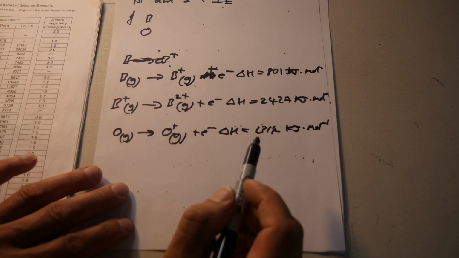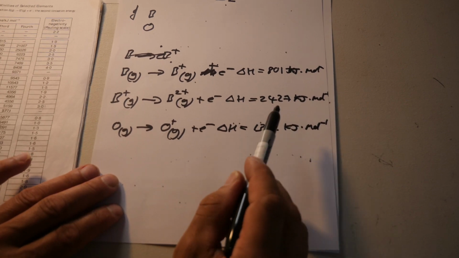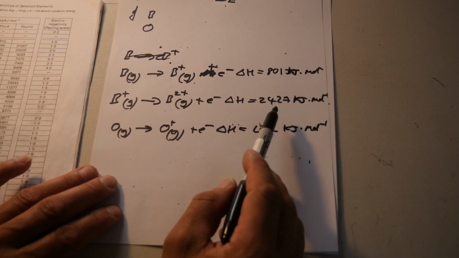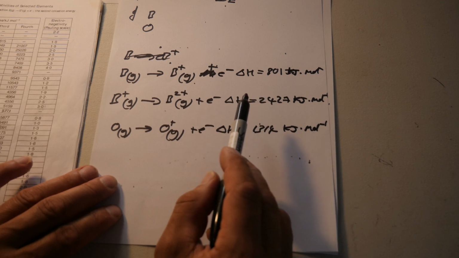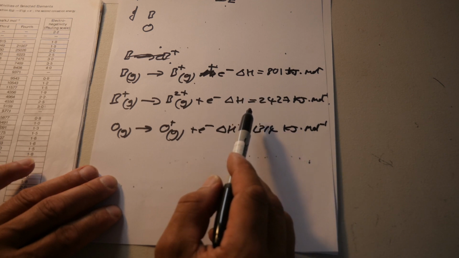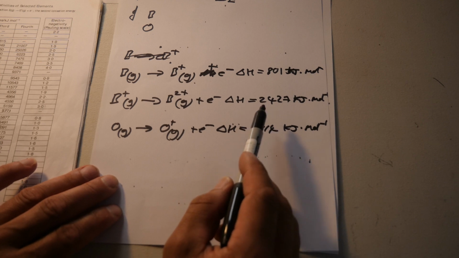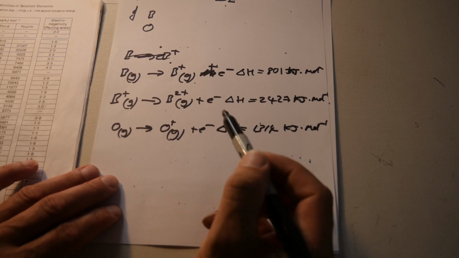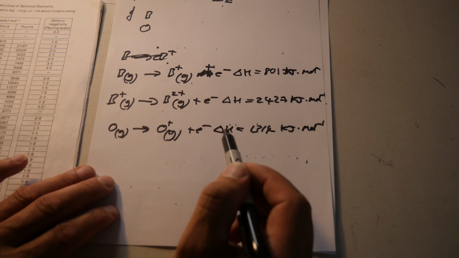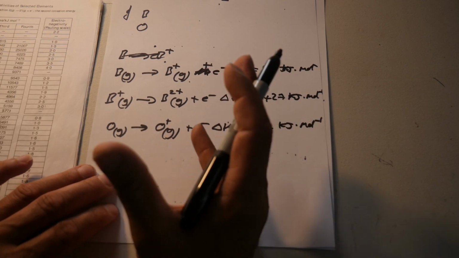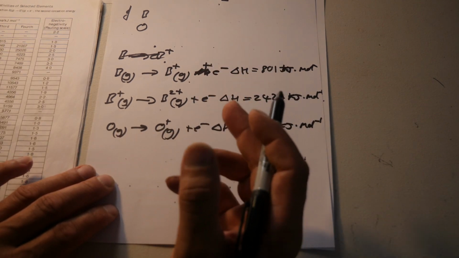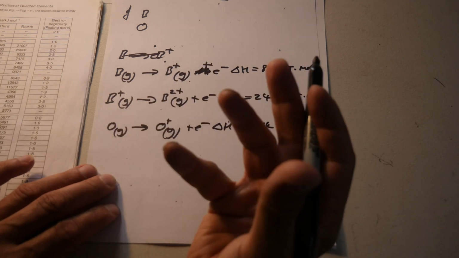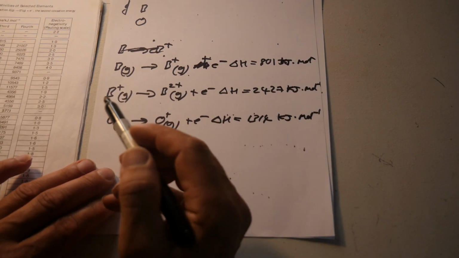I should say the reason why the second ionization energy is much higher than the first is because once the first electron is removed, the second electron is closer to the nucleus. It's receiving a much stronger pull from the nucleus, so it takes more energy to remove it.